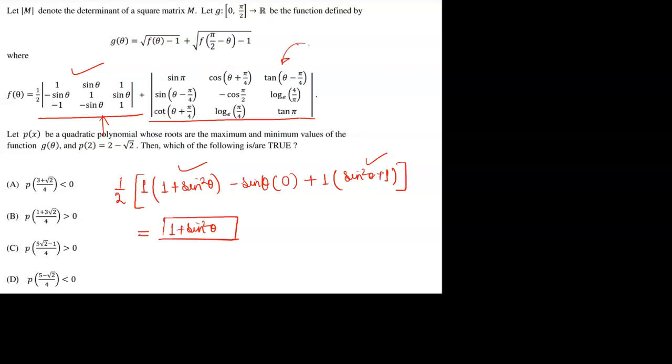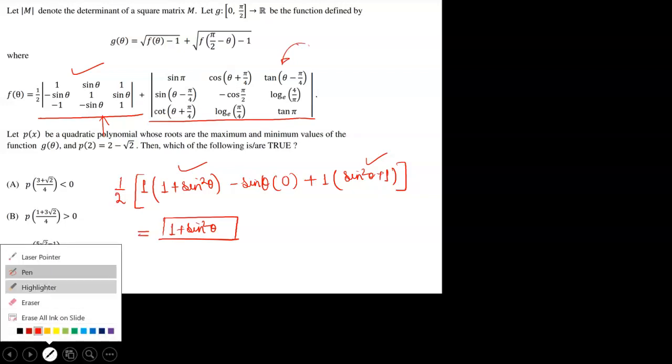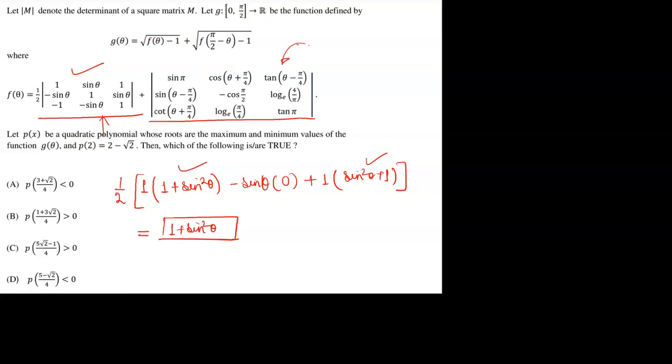So you can see that firstly sine pi, minus cos pi by 2 and tan pi will have value 0. So the main diagonal of this determinant is 0.